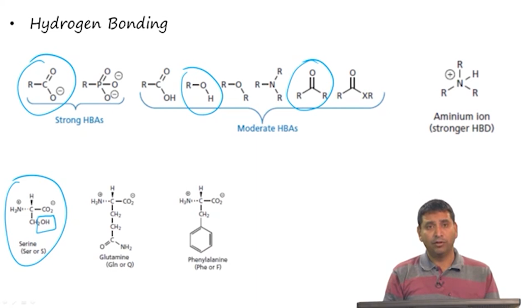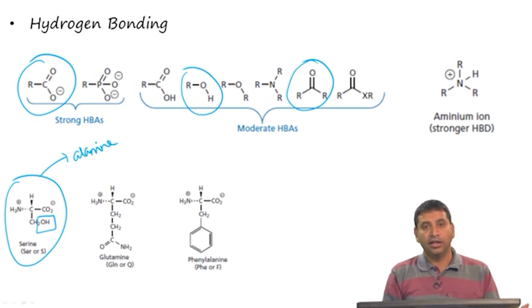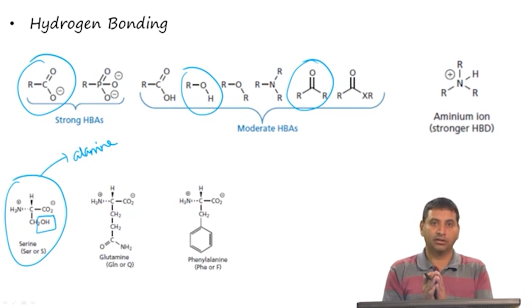So, now if you mutate this out and remove the hydroxyl group altogether and convert this to, let us say, alanine, which has basically a methyl group, then if the hydrogen bond interaction is important for the binding, then you would assume that that particular binding is going to become weak or absent, and maybe the receptor or the substrate will not act the same way as we would expect it.